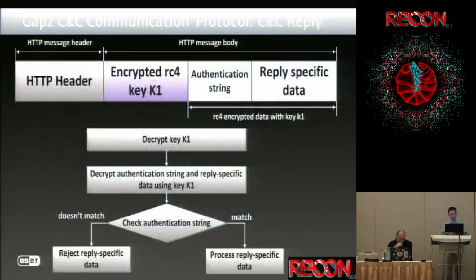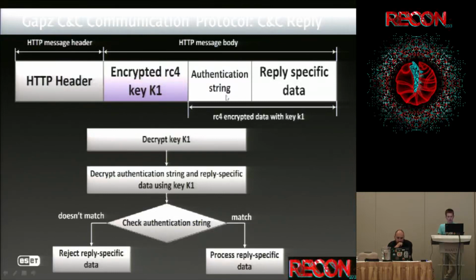And here is what the malware receives as a reply. The message starts with the encrypted RC4 key1. And this key is encrypted using an elliptic curve cryptography encryption scheme. So the first thing the malware does, it decrypts key1 using the private key, which is instantiated within the malware body.